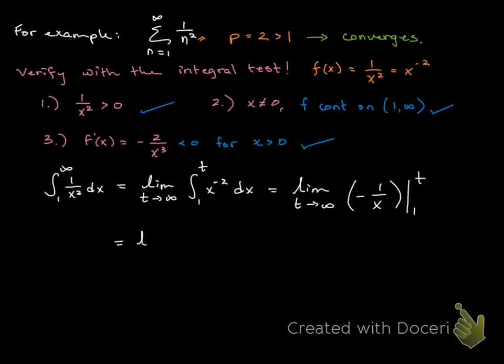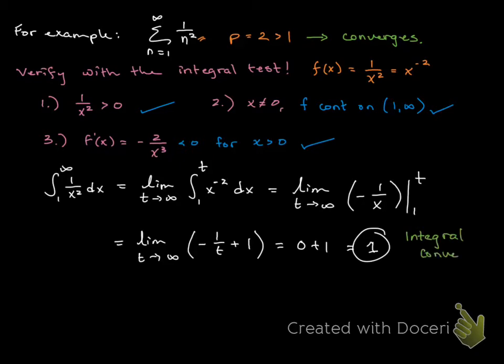Plug in t, keep my limit, and when I plug in 1, I get 1 there, and I'm subtracting a negative, so that's a plus 1. As t goes to infinity, 1 over t goes to 0, and I add to that 1, this limit is 1. That implies that the integral converges.